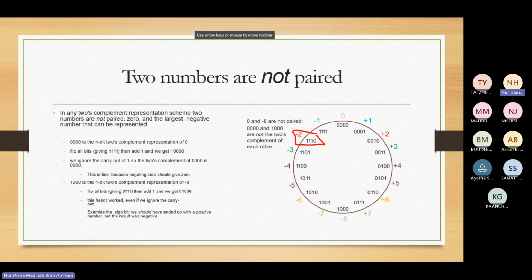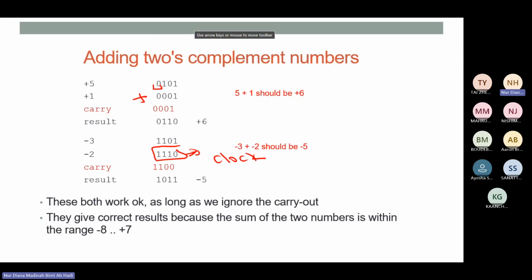If you can't remember the clock, you need to do it the manual way. How do we do the manual way? We convert our value into a binary value, which is 0 0 1 0. Then we reverse everything, and then we add 1, correct?